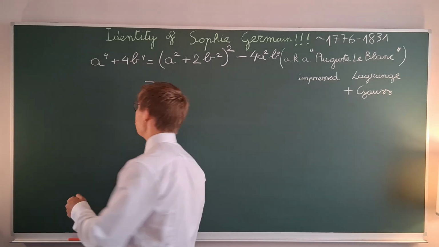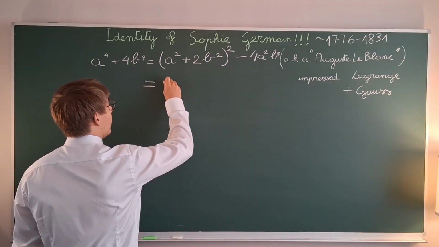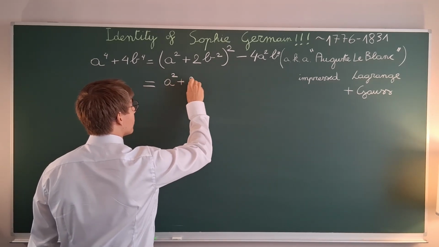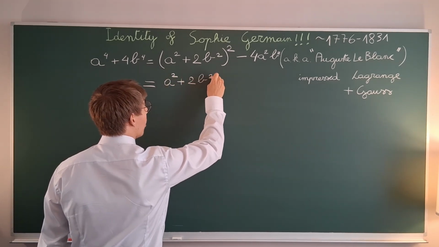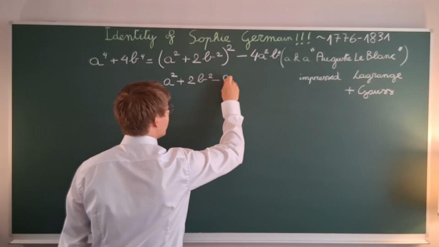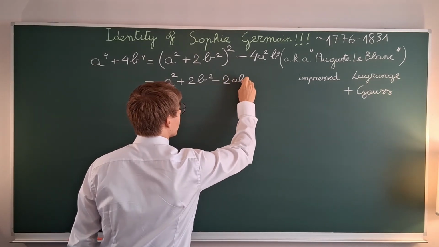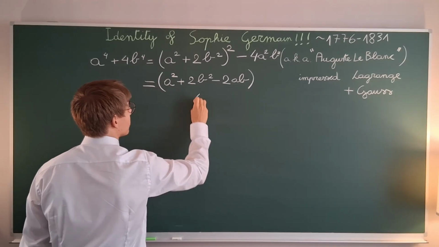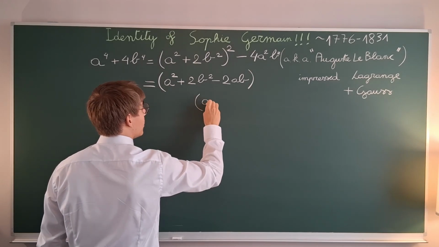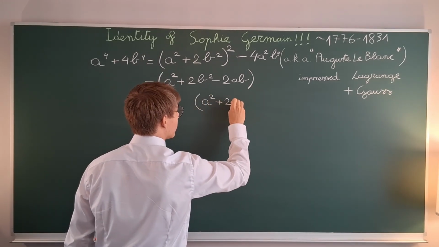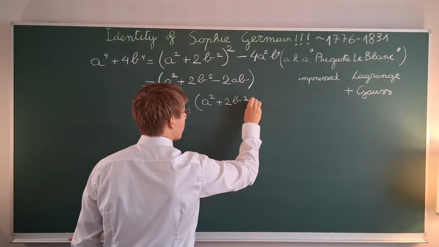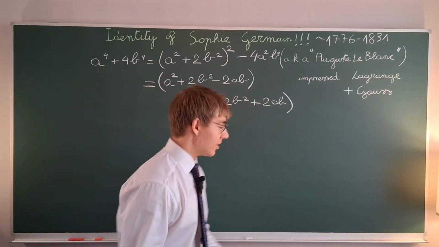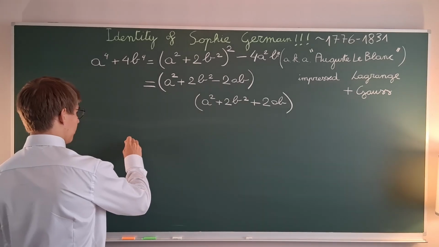So this is equal to a squared plus 2b squared minus 2ab times a squared plus 2b squared plus 2ab. And this is the identity of Sophie Germain.